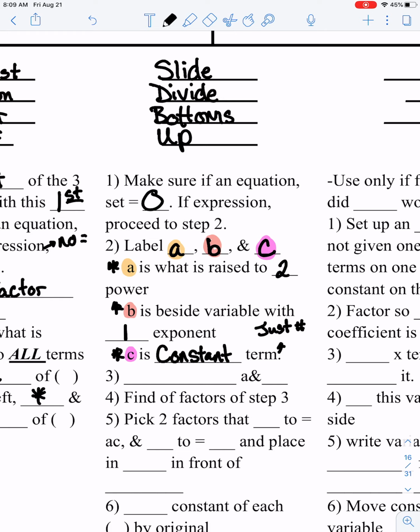Now, slide really means multiply. So you're going to multiply your A and C.